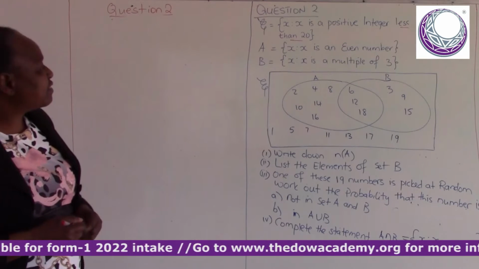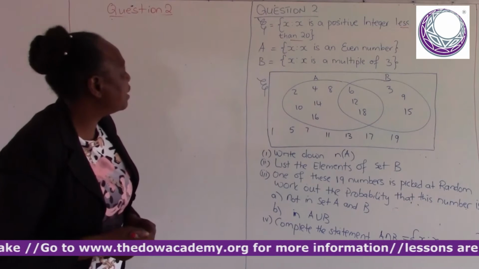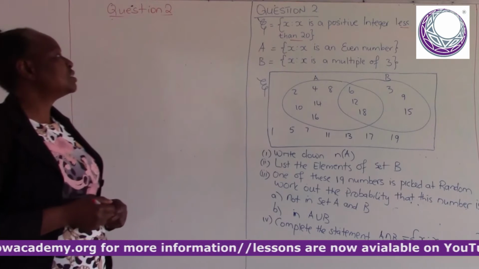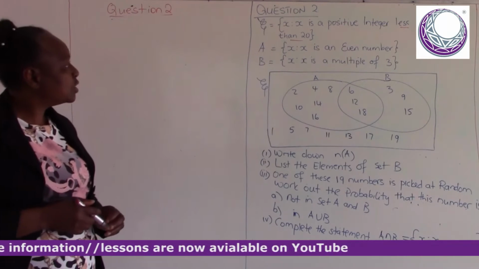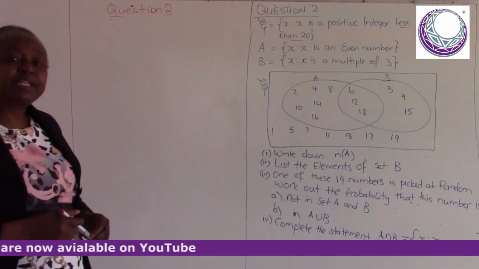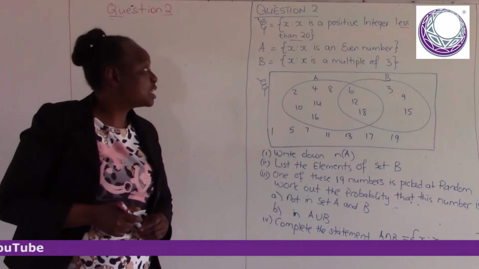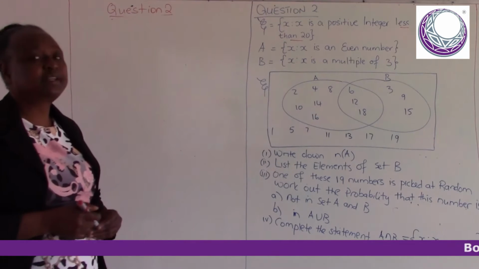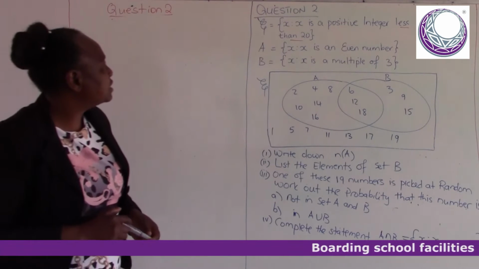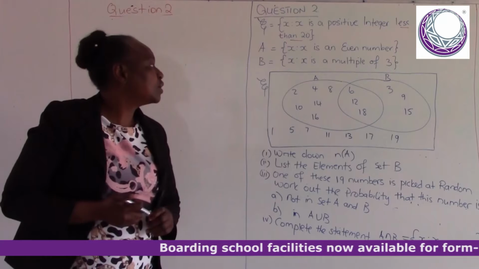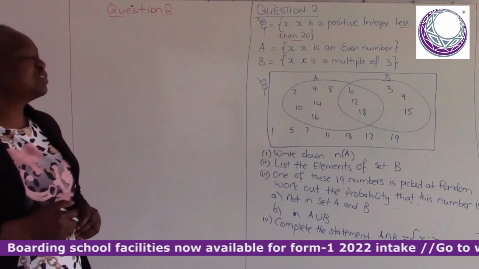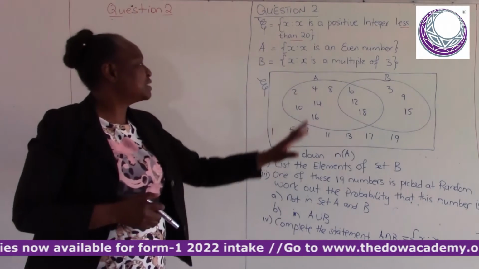We are also given set A, the subset, in set builder notation, which combines symbols and descriptions. X is an even number, while in set B, X is a multiple of 3. So we can see the presentation.